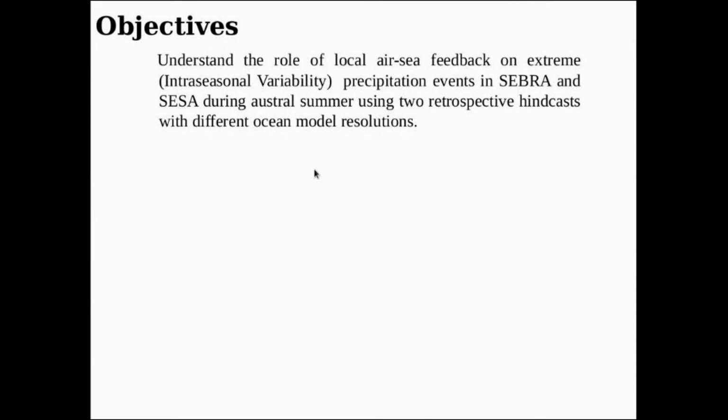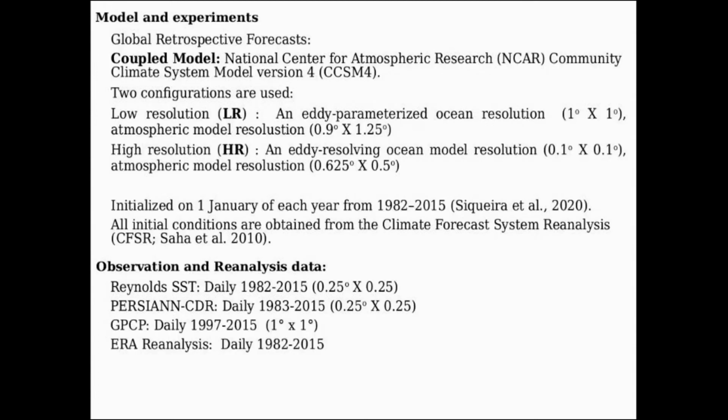For that, we will use two retrospective hindcasts with different ocean model resolutions to see how the ocean is influencing these patterns. Here we use two global retrospective forecasts using CCSM4.